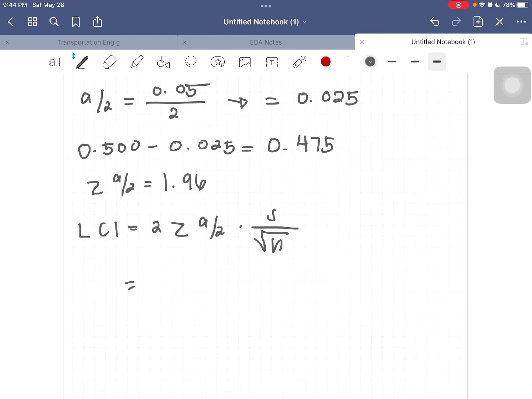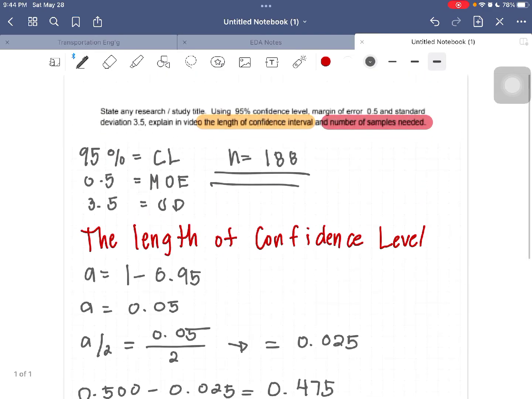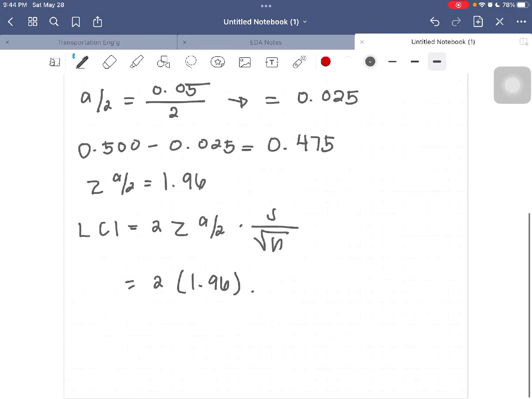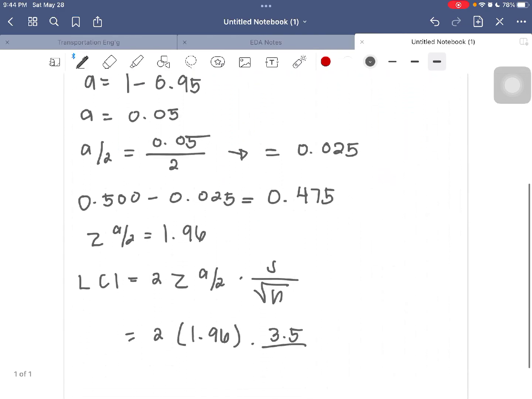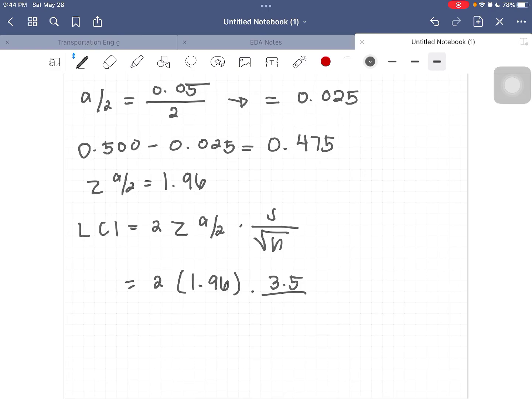So, 2 times our Z A over 2, which is 1.96 times our standard deviation. Ang ating standard deviation ay 3.5. And ang ating sample size ay 188. So, i-squared natin yung 188.